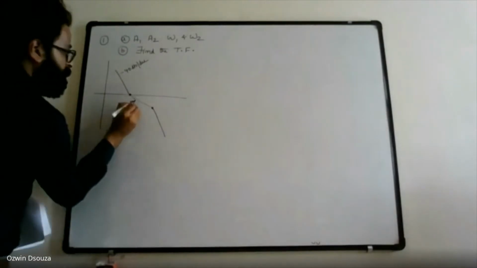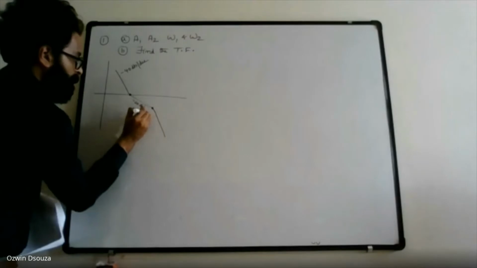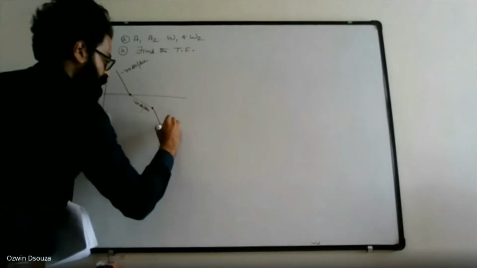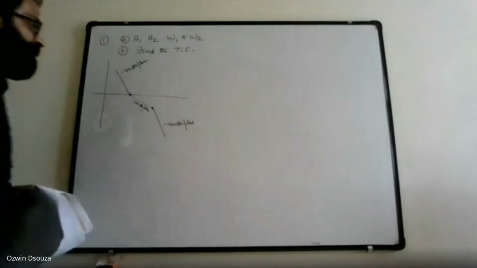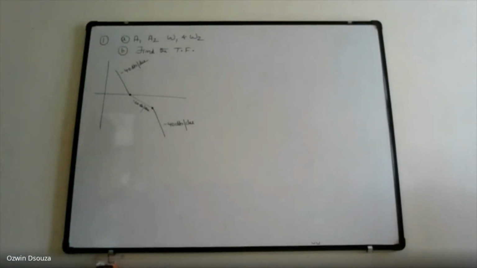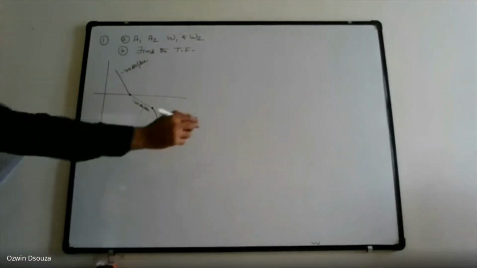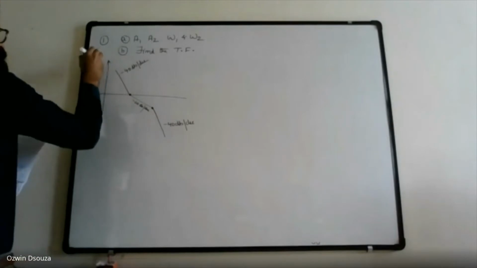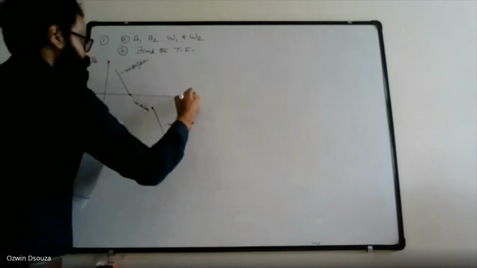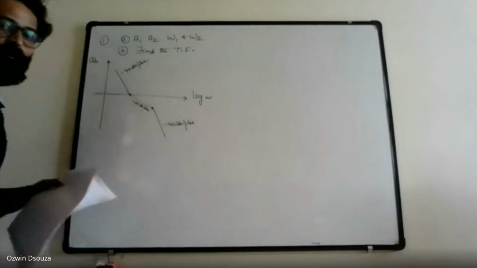And here you have minus 20 decibel per decade. And this is once again minus 40 decibel per decade. And this is your y-axis, the decibel axis. This is your x-axis, which is nothing but your log omega axis.